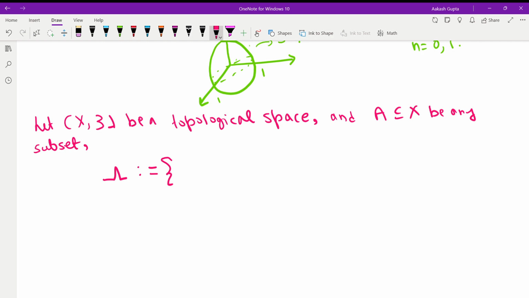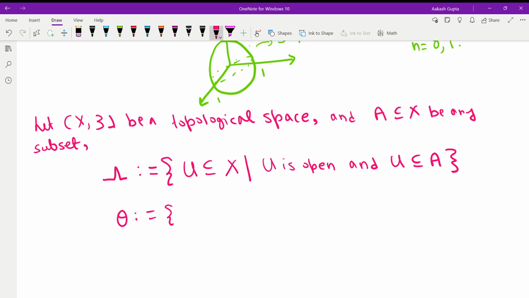Let's say capital Lambda. So what it is: all U in X such that U is open and U is sitting inside A. So capital Lambda is the collection of all open subsets of X which are sitting inside our set capital A. Let us have another, say Theta.